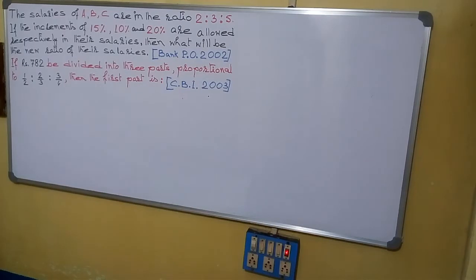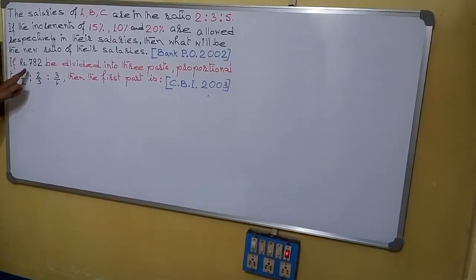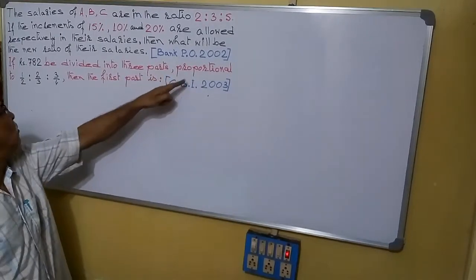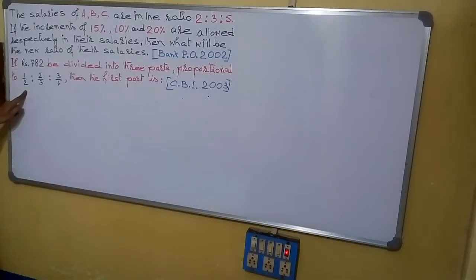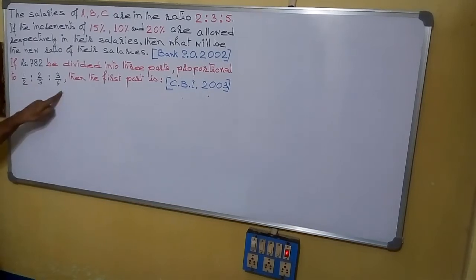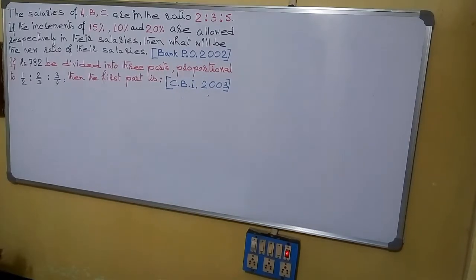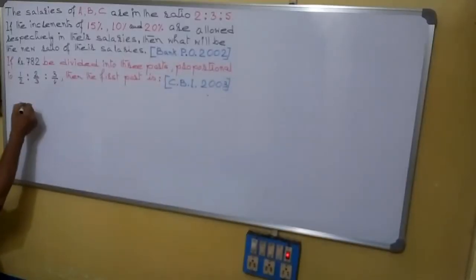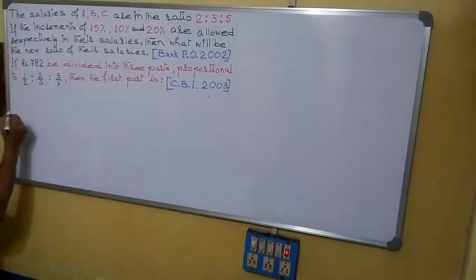Now see this question. If rupees 782 be divided into 3 parts proportional to half is to 2 by 3 is to 3 by 4, then find the first part. First of all, we change the ratio. For 2, 3, 4, the LCM is 12.